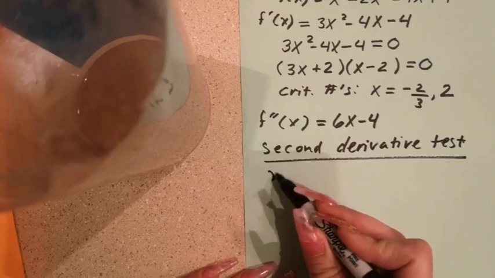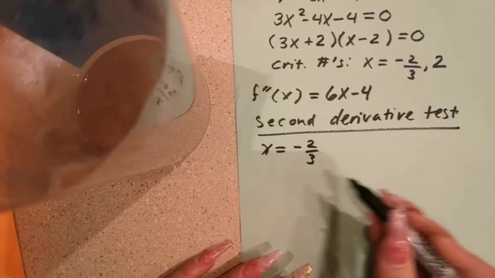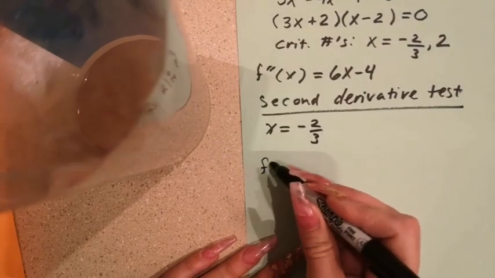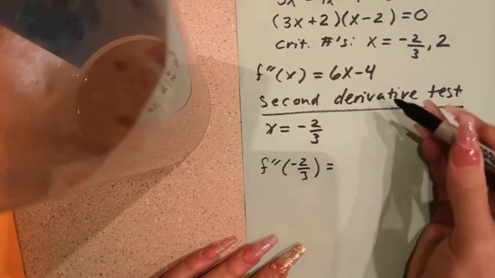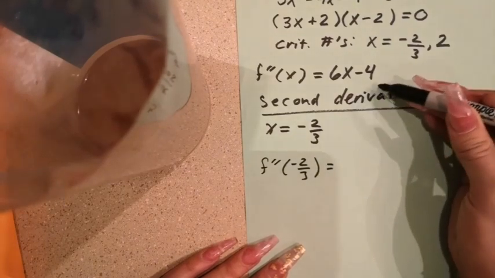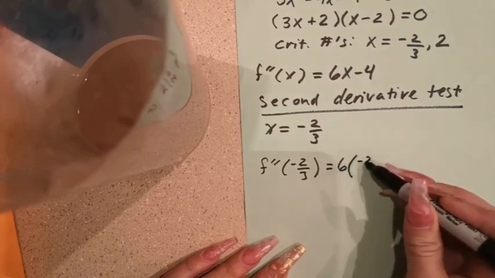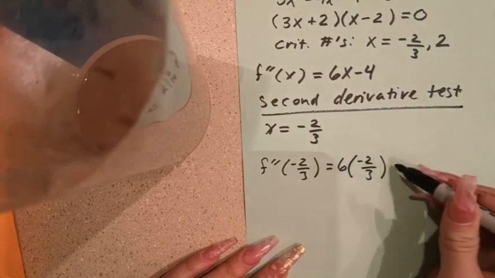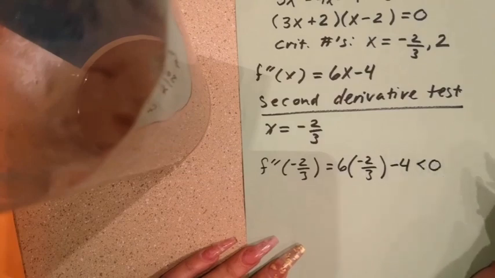I take one of my critical numbers, like say negative 2/3, and then I evaluate the second derivative at that critical number. So I'm plugging negative 2/3 into the second derivative. It's going to be 6 times negative 2/3 minus 4. This is going to be less than 0.